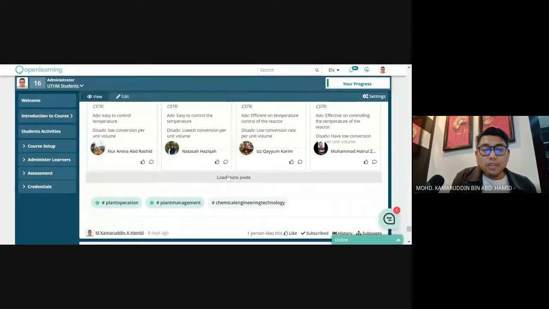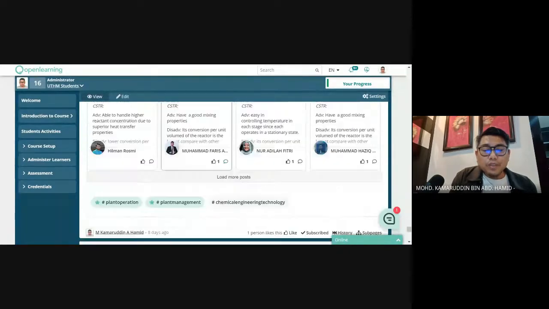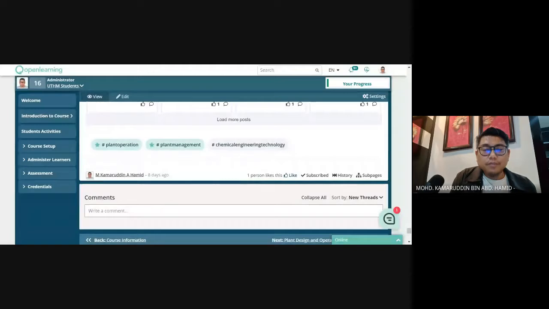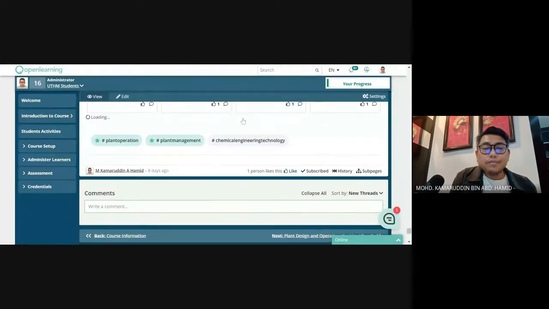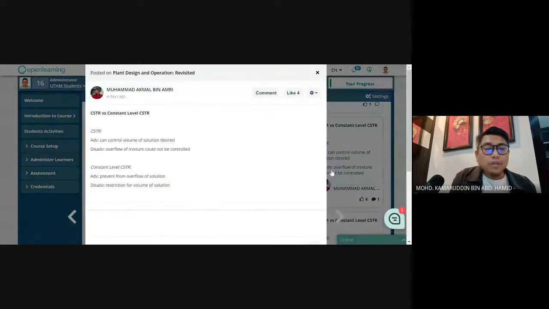Let's look at the earliest ones. There are more. Let's see Akmal. Can control volume of solution, desired solution. Overflow of mixture cannot be controlled?